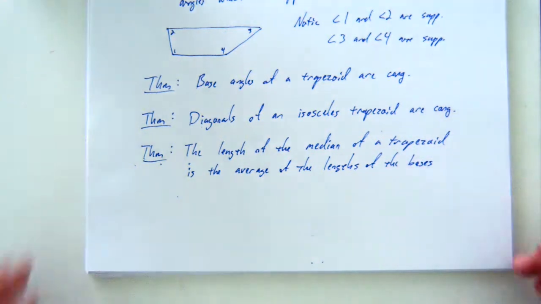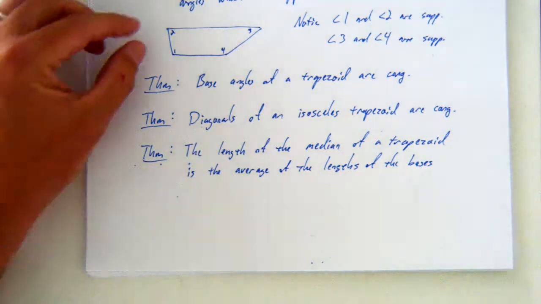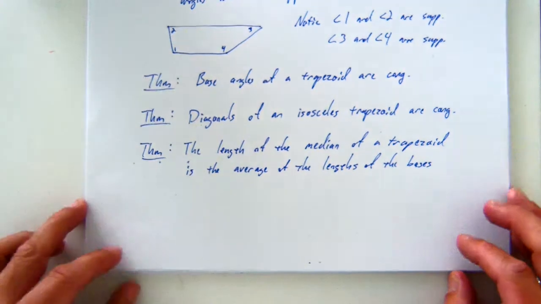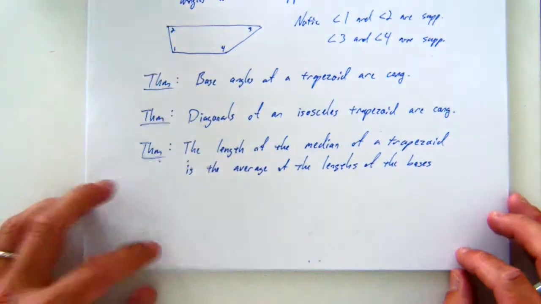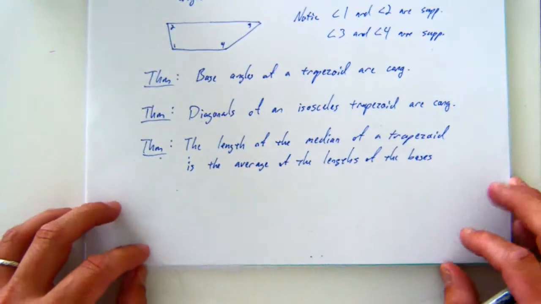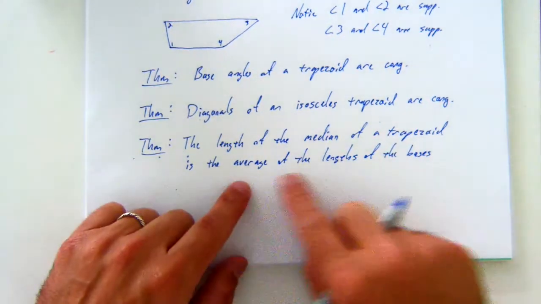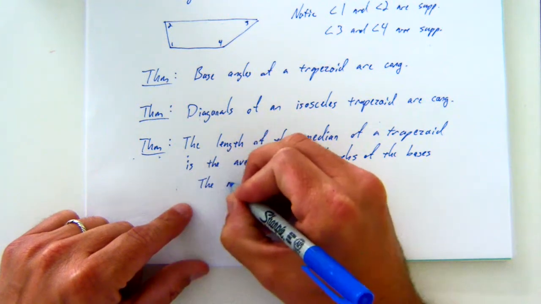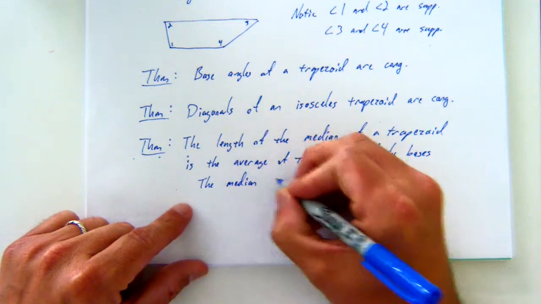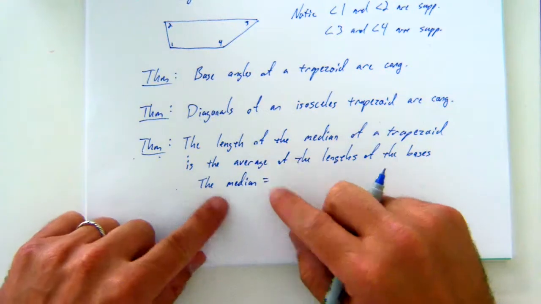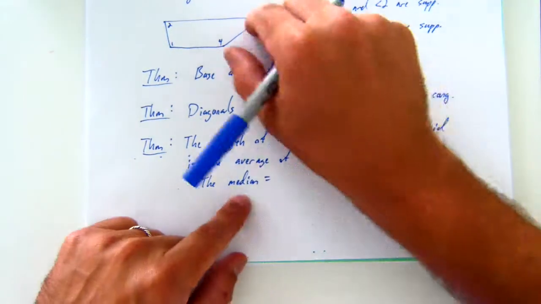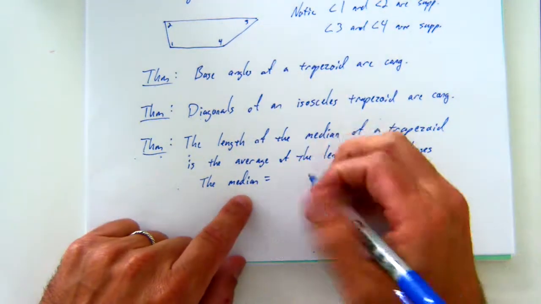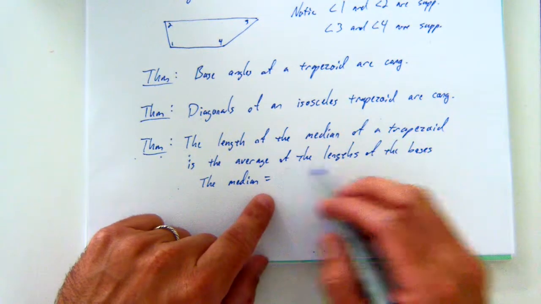And here we're going to start connecting an algebraic idea of taking an average of two things. And we can view this algebraic idea geometrically. And that's exactly what we're doing when we look at the median of a trapezoid. So the average of the length of the bases, that is the median. Now another word, the median of the trapezoid is equal to the average of the length of the bases.